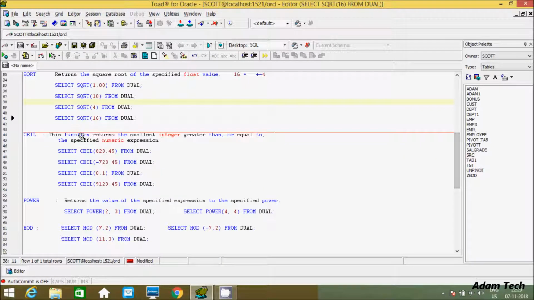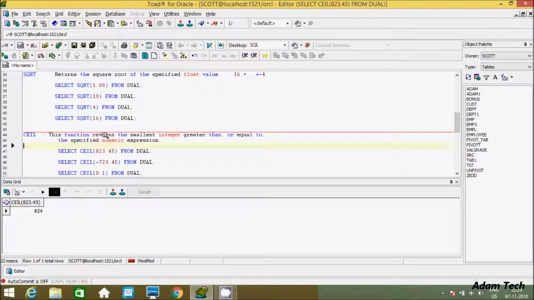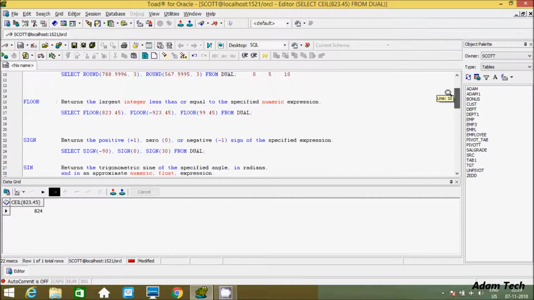Now after that, the ceil function returns the smallest integer greater than or equal to the value. If you give 823.45, according to the definition of ceil, it will return 824. Ceil is just the reverse of floor.